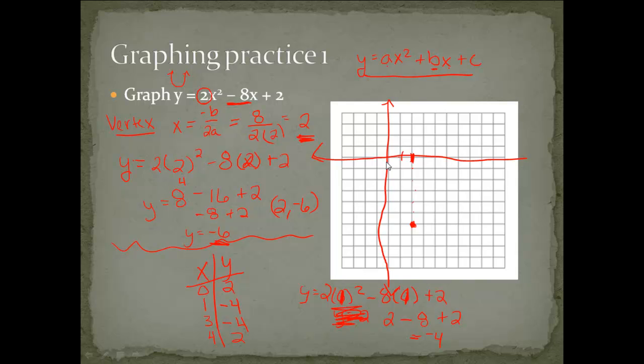Now you can come over to your graph and plot those points. So I'm going to plot the point 0, 2, and 1, negative 4, 3, negative 4, and 4, 2.